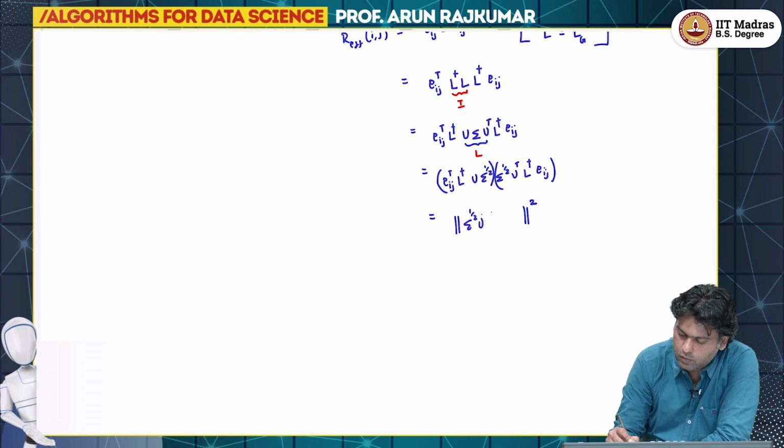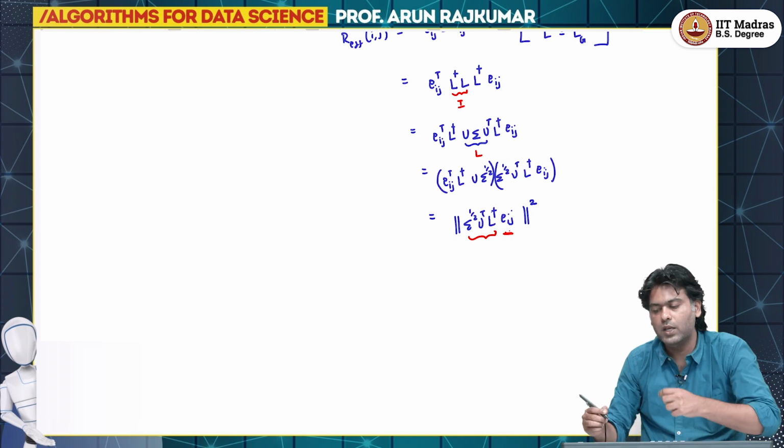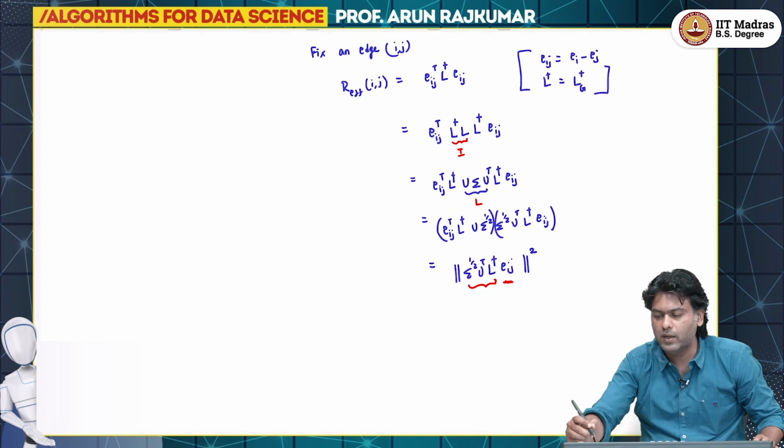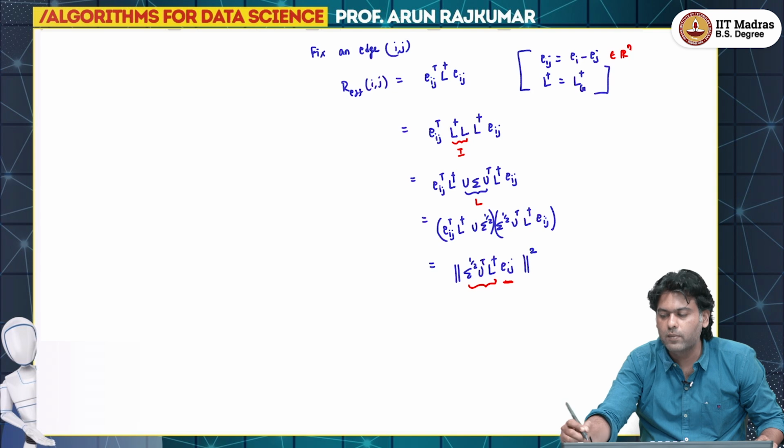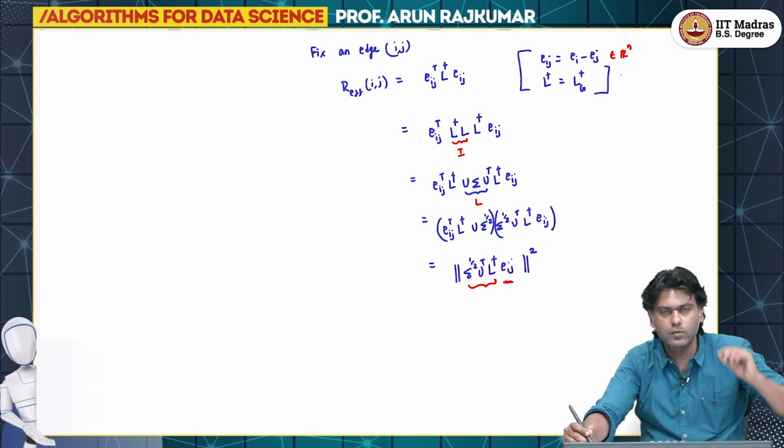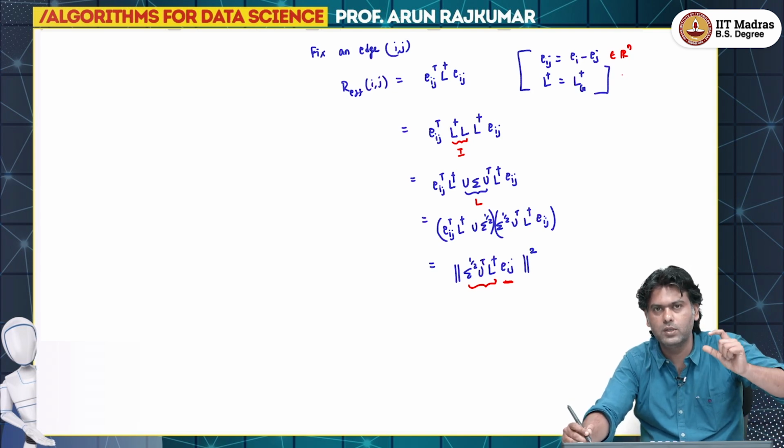Sigma half U transpose L pseudo inverse Eij, right. So, think of this as some matrix, and then I am multiplying it by Eij. Remember, Eij is just Ei minus Ej, some vector. So, this is in Rn, 1 minus 1 in the positions i and j, 0 everywhere.